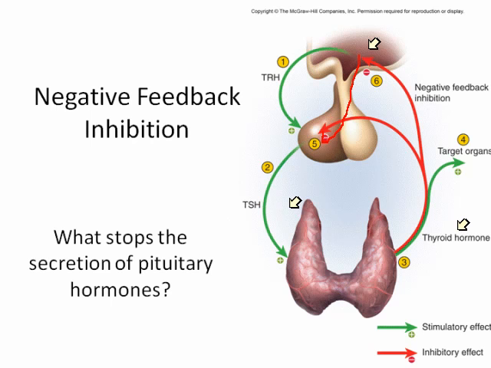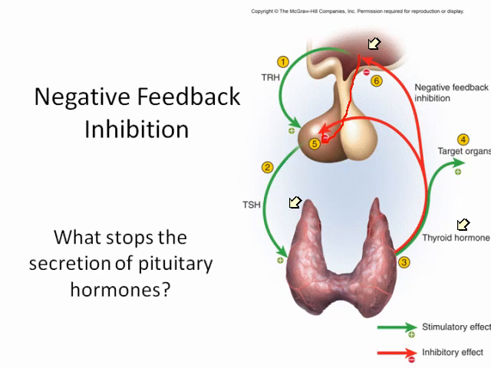Once TRH has stopped being released, it's no longer present within the anterior pituitary, which means TSH is stopped from being released into the thyroid. Once TSH is no longer in the thyroid or at low levels, thyroid hormone TH stops being released. Once that stops being released, the levels of it go down in the hypothalamus and the anterior pituitary.